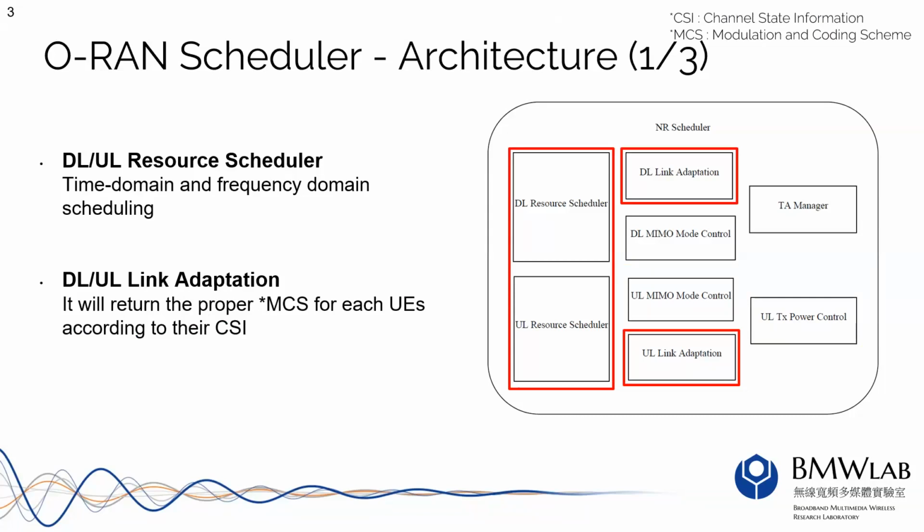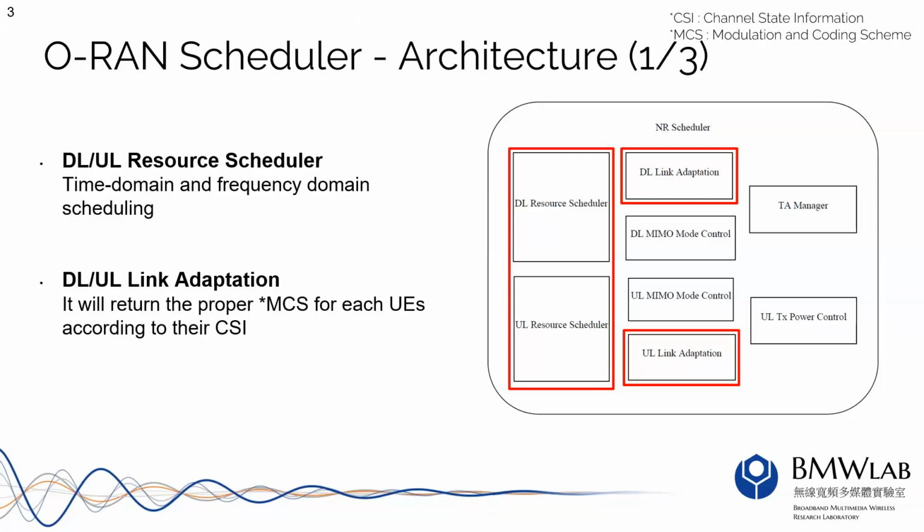I think it's possible, because link adaptation is used to adjust the MCS for each UE. Although we can adjust parameters, like the number of downlink slots, we cannot modify the whole modulation method.